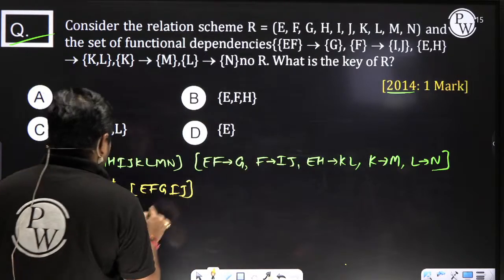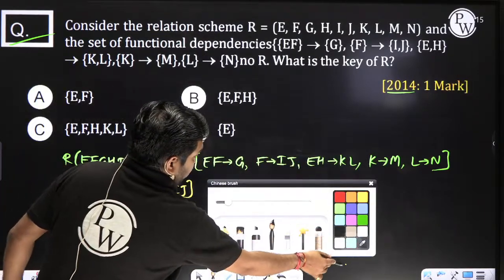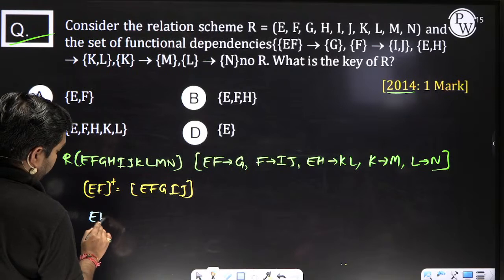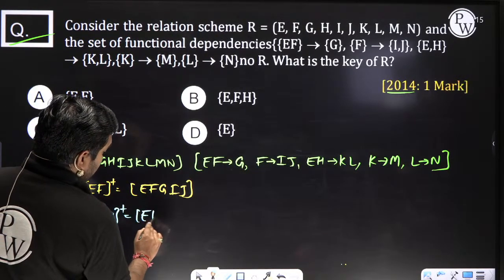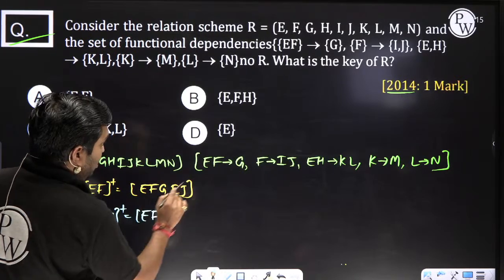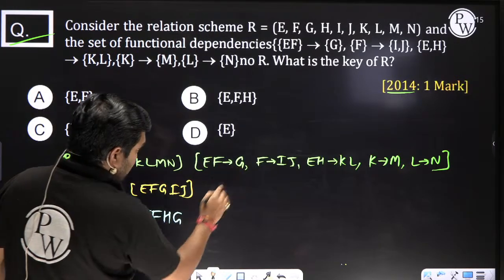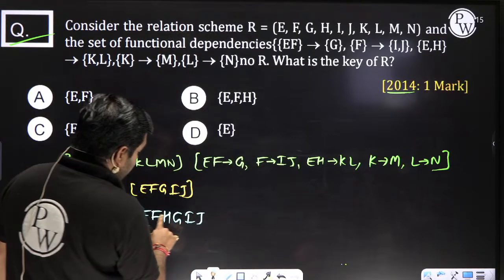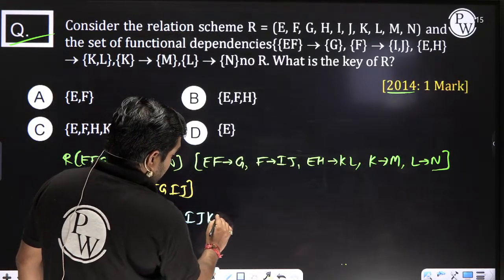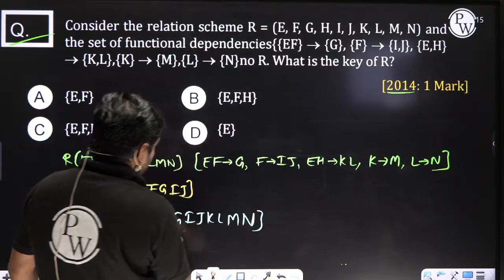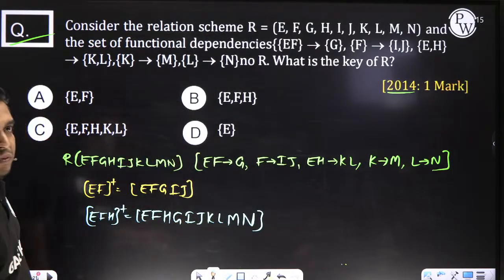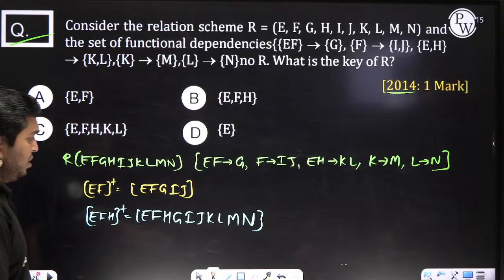We don't have H. When we take FH, what is happening? FH first of all, F determines G, F determines IJ, and H determines KL, K determines M, L determines N. FGH, we are getting all attributes.